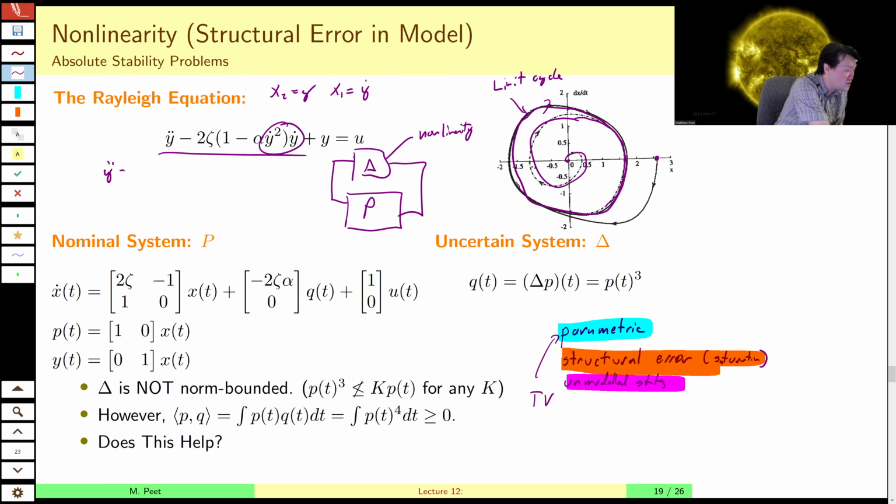We have y double dot equals 2 zeta y dot minus 2 zeta alpha y dot cubed minus y plus u. And so we ignore this part right here for now.